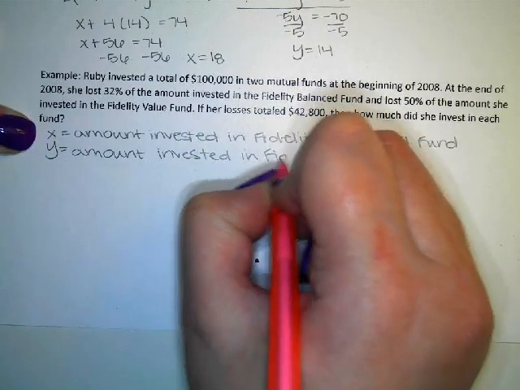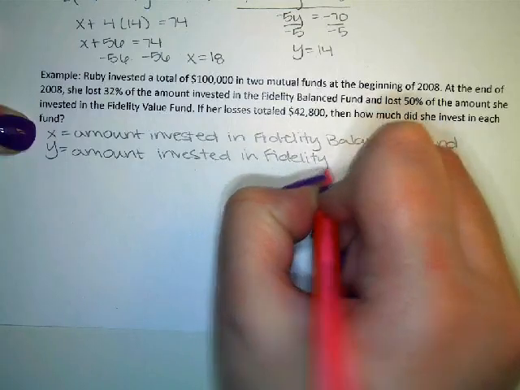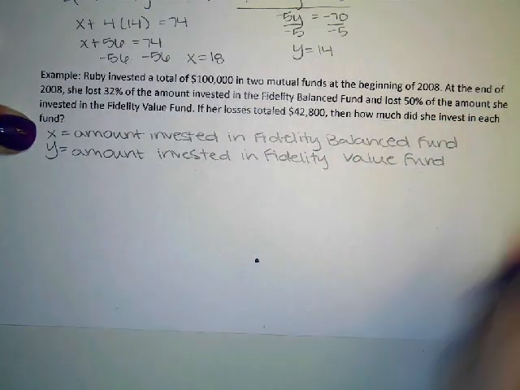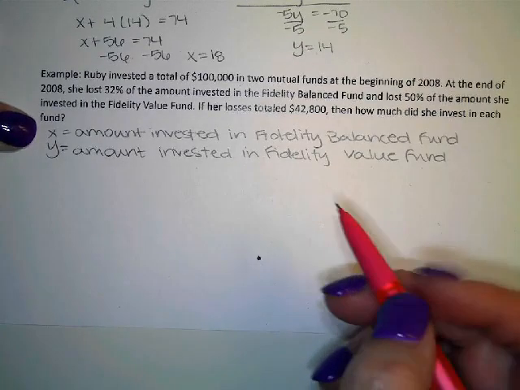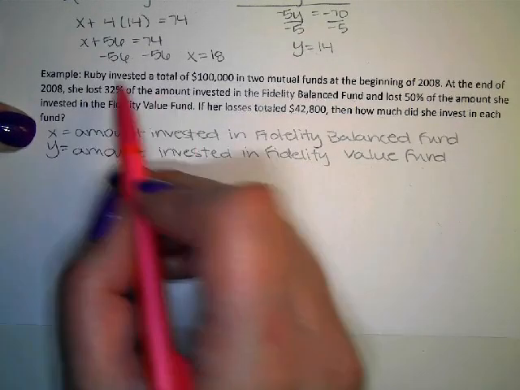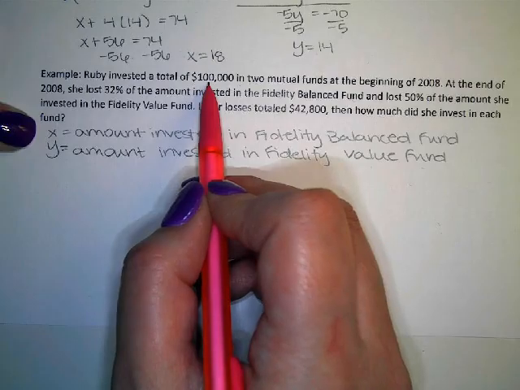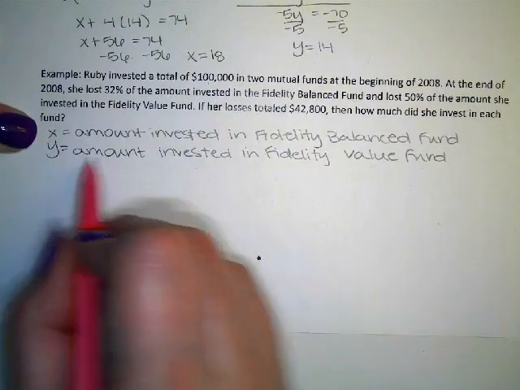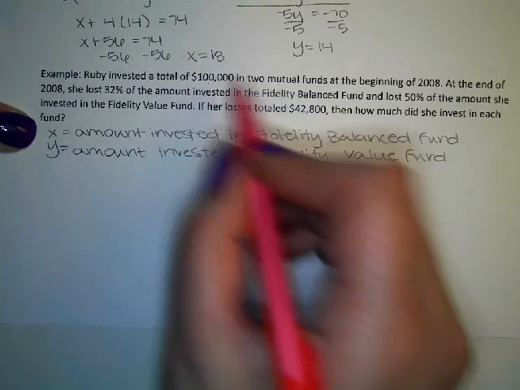And then we'll make sure that that makes sense as we write the equations. So she invested a total of $100,000. So the amount she invested in one fund plus the amount she invested in the other fund equals $100,000. And that would make sense. So I'm going to say X plus Y equals 100,000.